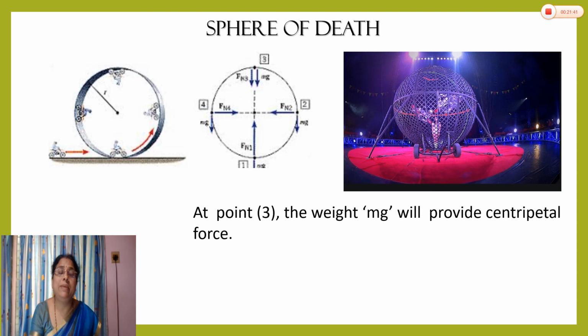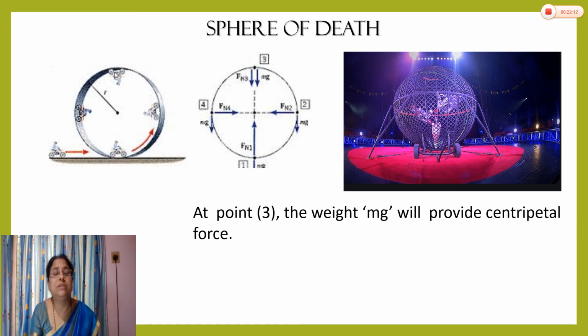Because the same dynamics is used as in the case of vertical circular motion. Again, we can obtain here the minimum speed at the uppermost point, or we can say maximum speed at the uppermost point. At the uppermost point, we can say the normal reaction force that is equal to its weight mg that provides the centripetal force. So, if m is the mass of the rider and its vehicle, we can say its weight is mg. v is the speed at this uppermost point.